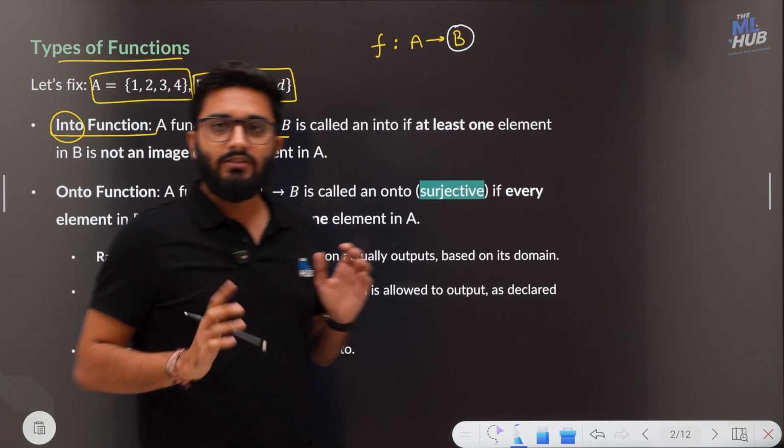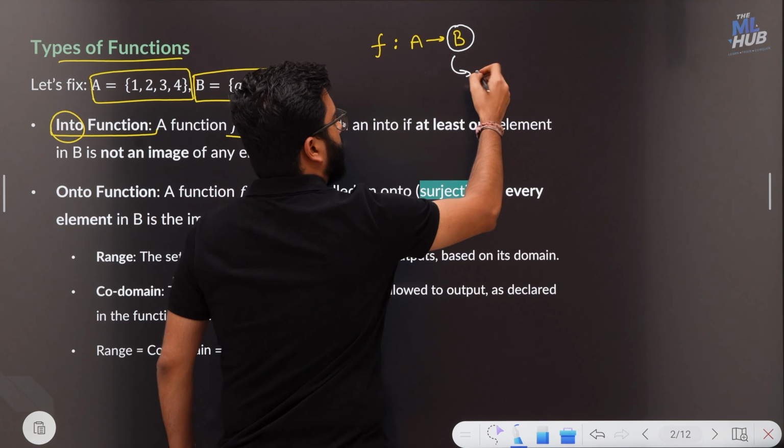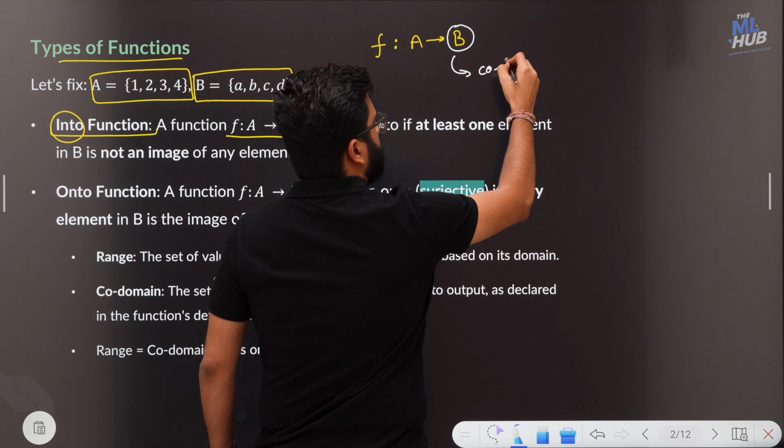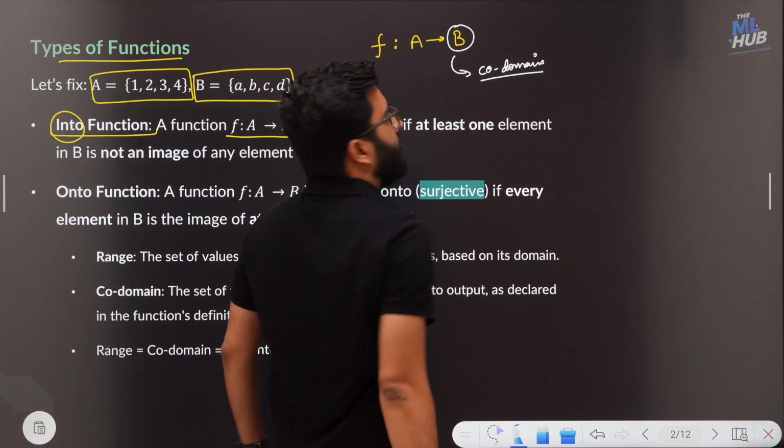This B is not the range of this function. In fact, it is known as the codomain, and not the range.